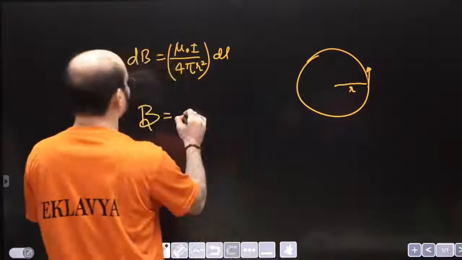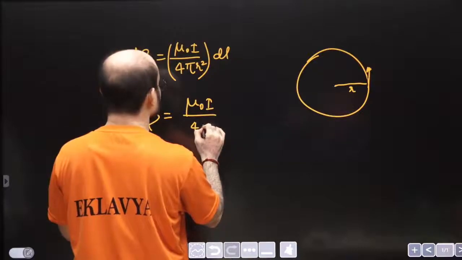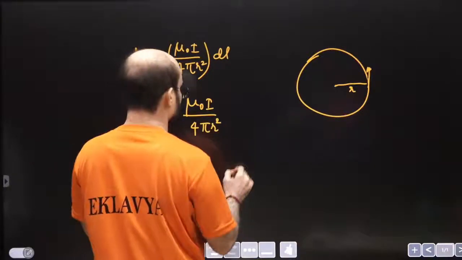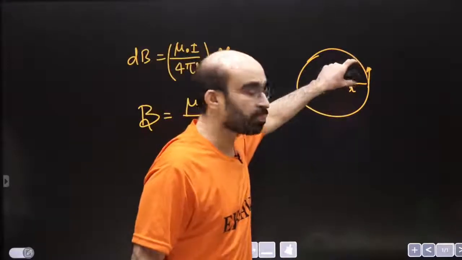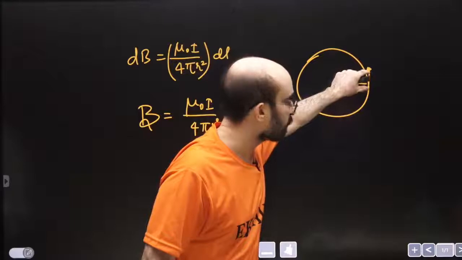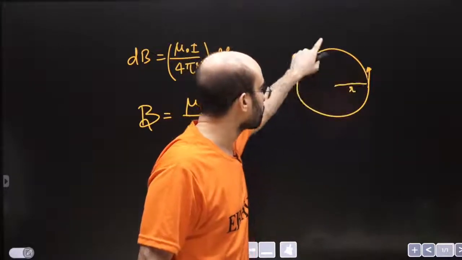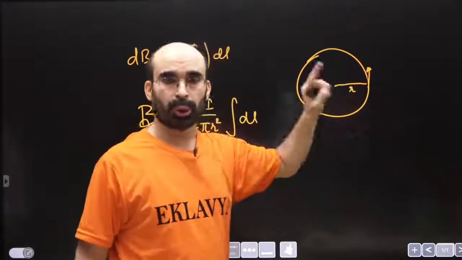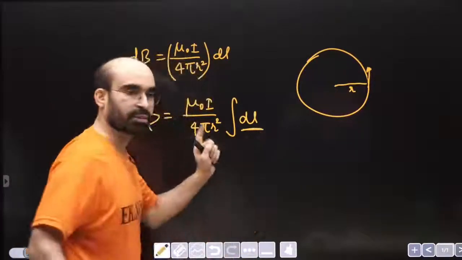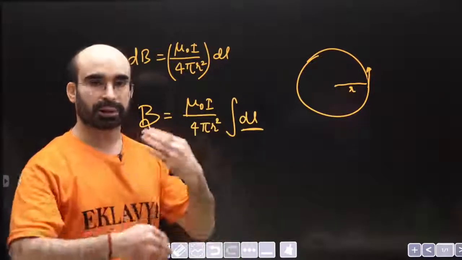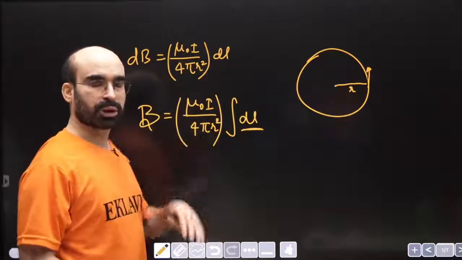The constants would be taken out of the integral symbol, because if we know the magnetic field due to this current element, and we are interested in finding out the magnetic field due to the entire circular current, we will integrate this dl element, because this is the only thing that is to be integrated, otherwise all stuff are constant. I have taken it out of the integral sign.